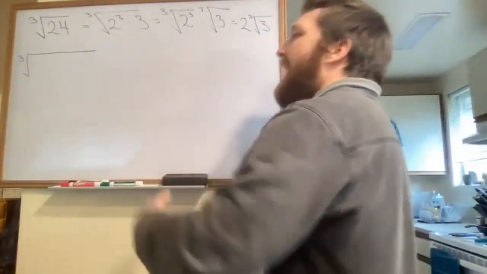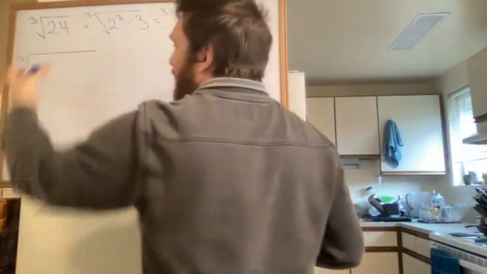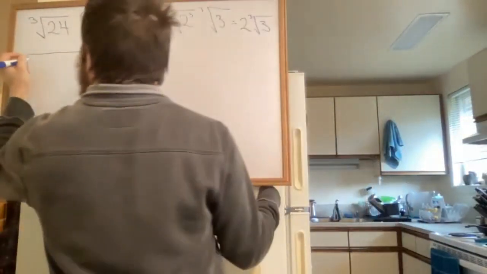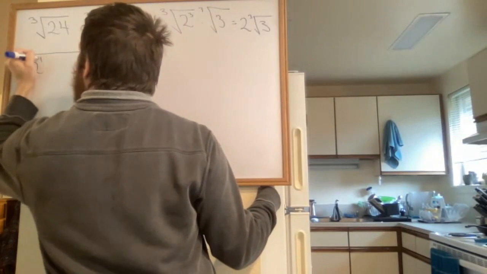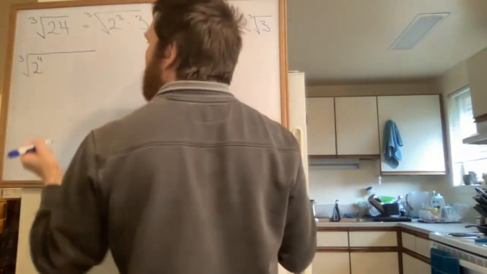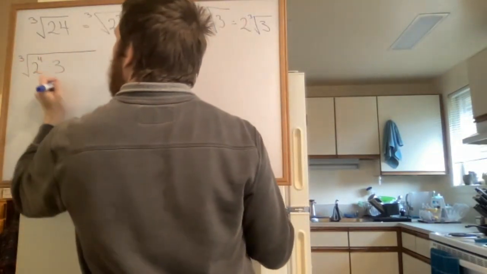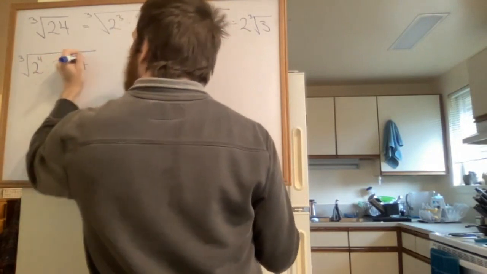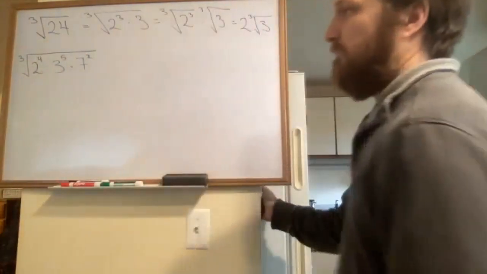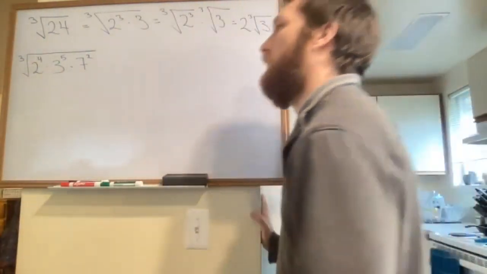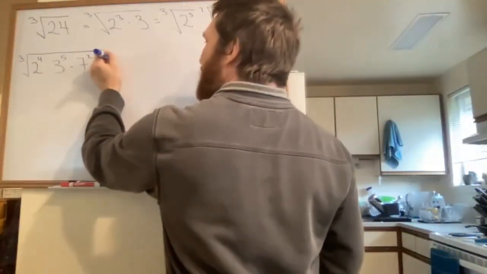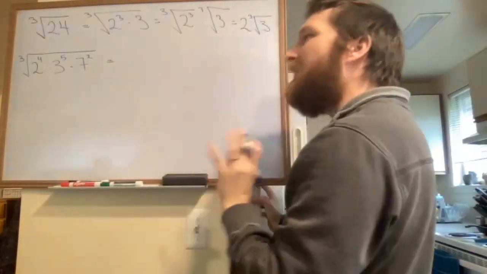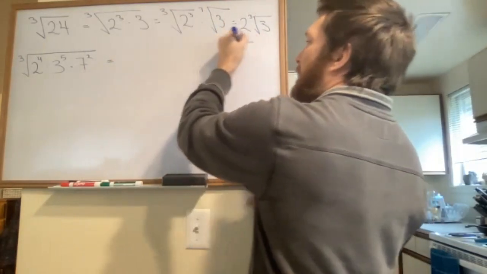And so if I had, let's say we started with some big number and we did all of our factoring out and it turned out to be, let's say, 2 to the 4th times, let's say, 3 to the 5th times 7 squared. Okay? This is the part where I'm going to say, you don't need to do this.